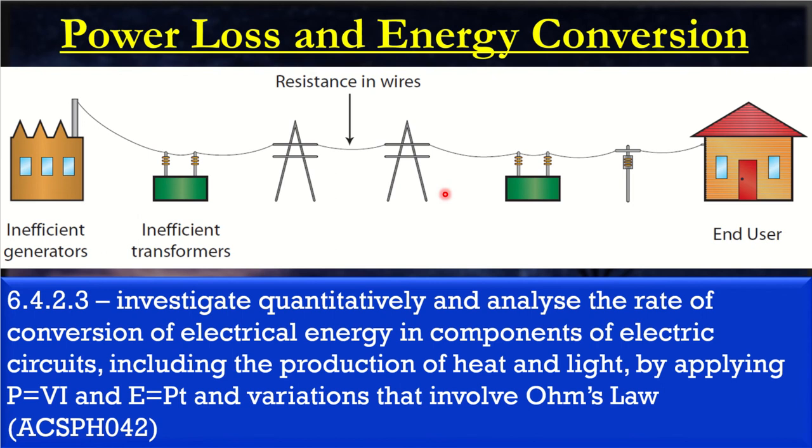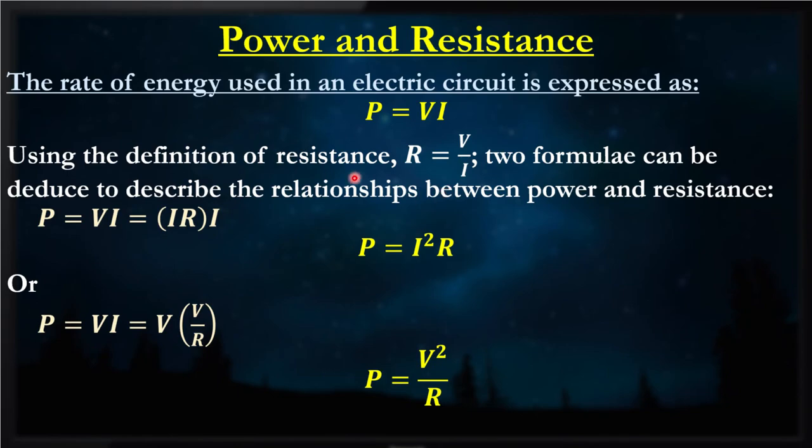In Year 12 we talk about how we can reduce the power loss or energy loss. For this part, we're just going to look at the actual equations and what happens following Ohm's law.